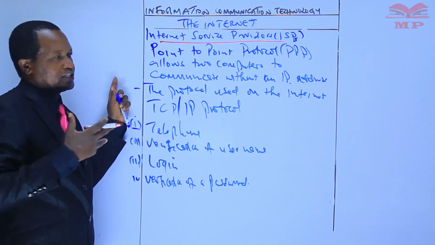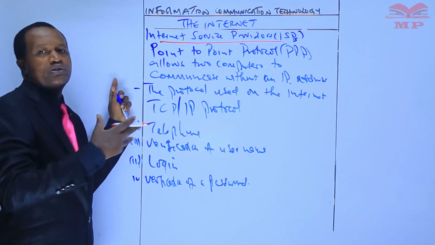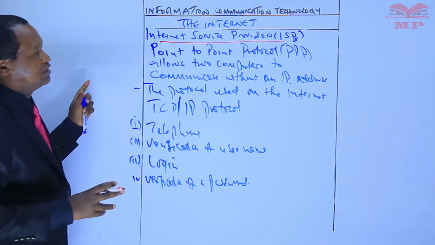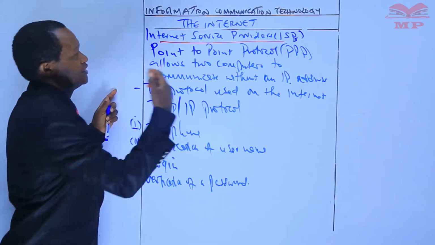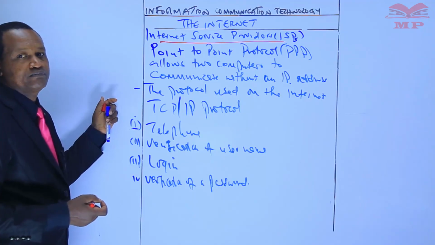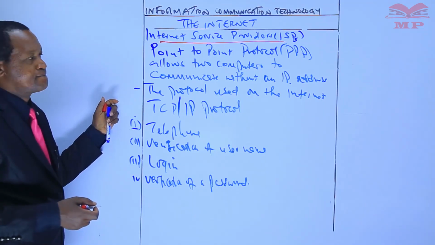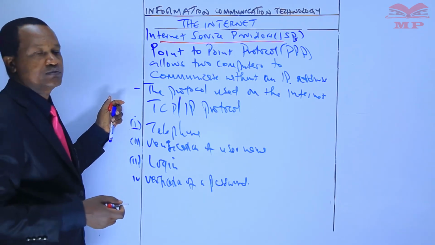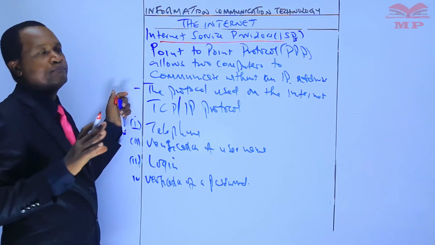The one using the internet can now use it to do what? To get connection. A connection is then established with the internet service provider. Do you understand? Do you get the point?